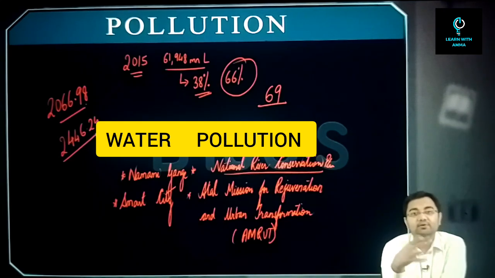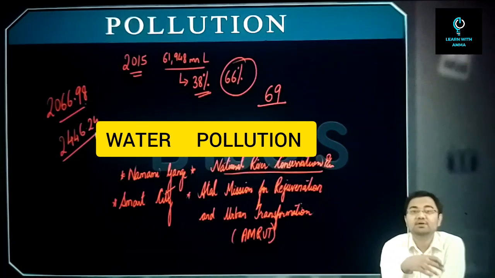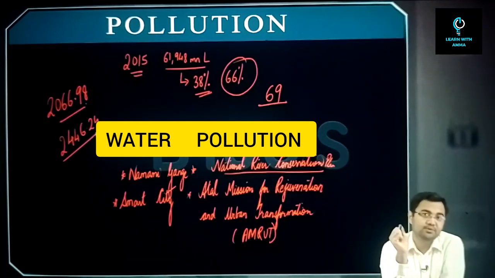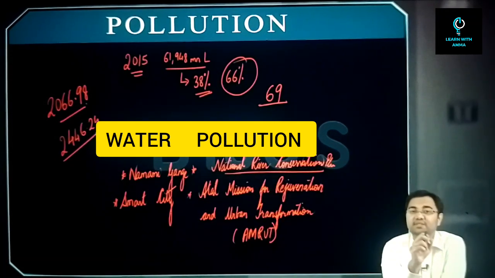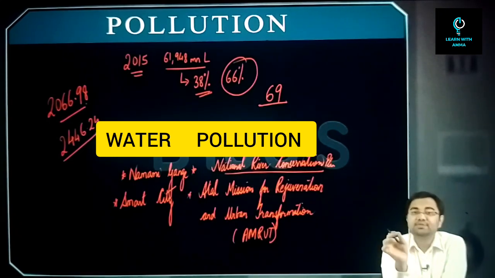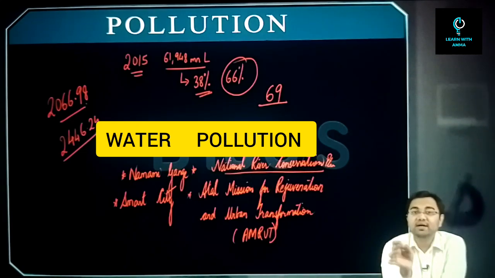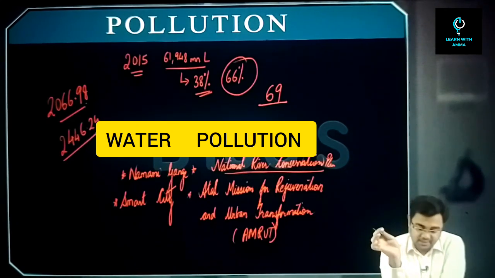And of course, the citizens of India have been moving to courts time and again to save rivers from water pollution. Another fact: in March 2017, the government of Uttarakhand declared Ganga and Yamuna as living entities.